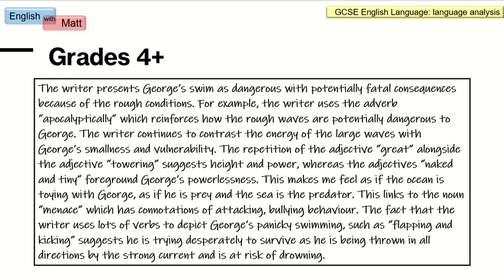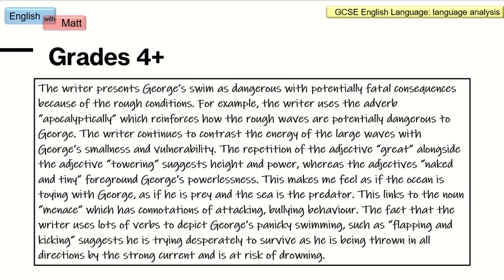The writer continues to contrast the energy of the large waves with George's smallness and vulnerability. The repetition of the adjective great alongside the adjective towering suggests height and power, whereas the adjectives naked and tiny foreground George's powerlessness. This makes me feel as if the ocean is toying with George, as if he is prey and the sea is the predator.